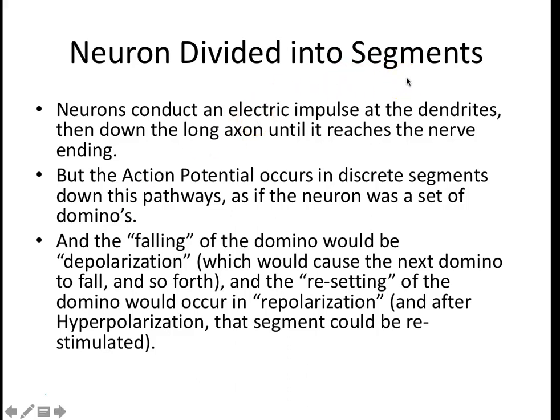I'm not going to ask you a question about this on the quiz or on the departmental exam, but the segments allow a greater degree of control or regulation. The more that you can regulate the neurons in the brain, the more connections you can make, the more that you can either excite or inhibit. So that's kind of the reason for the dominoes.